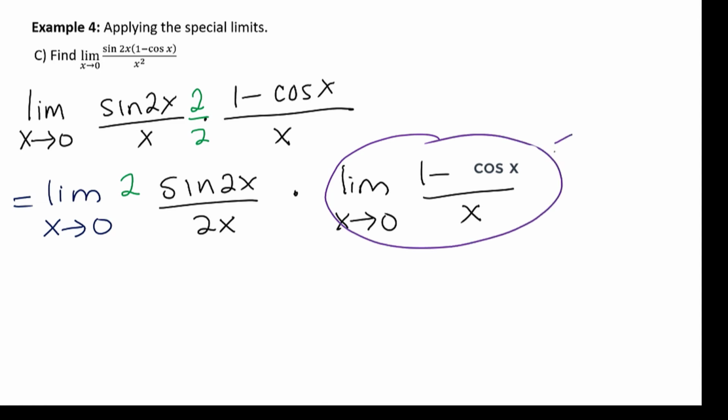This special limit is equal to 0. So you'd have 2 times the 1 times 0, which is equal to 0. The limit as x approaches 0 of sine of 2x times 1 minus cosine x divided by x squared equals 0.